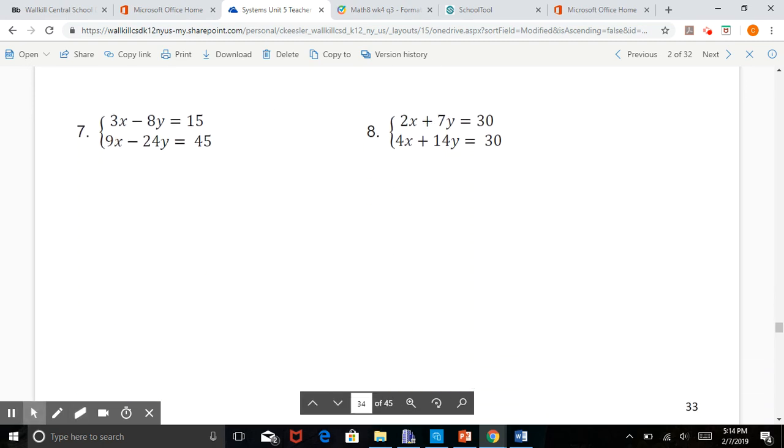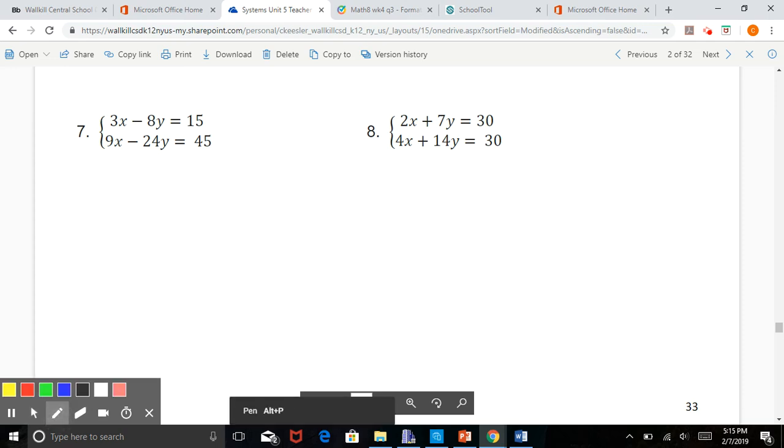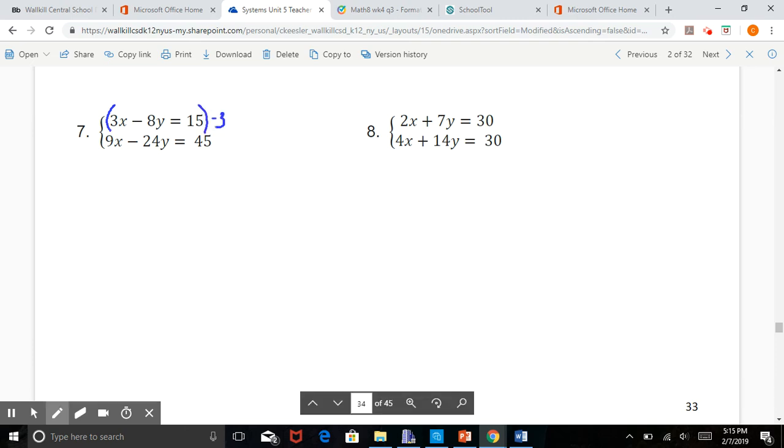we have 3x and -8y equals 15, 9x and -24y equals 45. So if I look at this and I try to make an opposite pair, something I could do here is multiply the top equation all by -3, because that would give me -9, which would make the 9's cancel out.